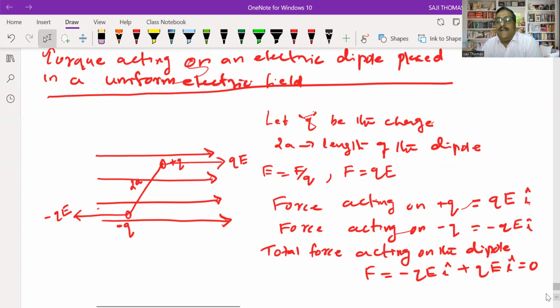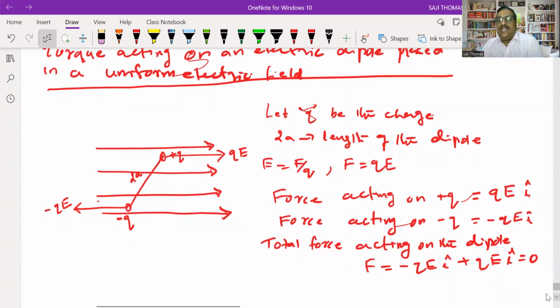So remember, when an electric dipole is placed in a uniform electric field, no translatory force acts on it, total force on it is 0. But if the field is non-uniform, there will be a net force. Remember this point.